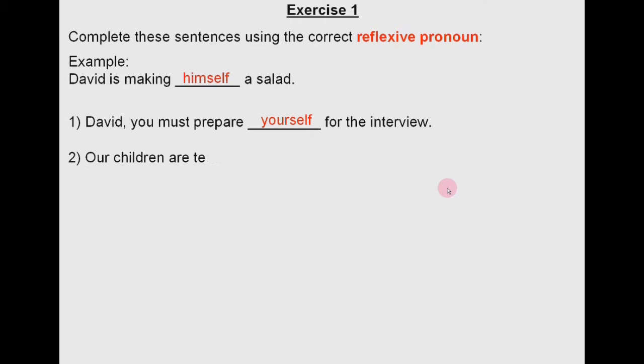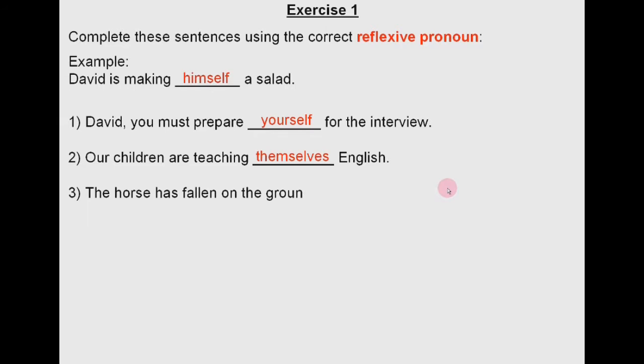Question 2. And the answer is: our children are teaching themselves English. Question 3. And the answer is: the horse has fallen on the ground.